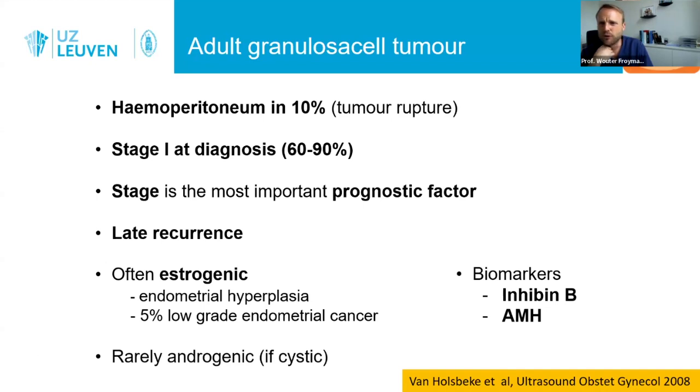As you know, granulosa cell tumors can secrete estradiol. So they are estrogenic, and they will cause endometrial hyperplasia, and in the minority of the cases, even atypia and endometrial cancer. So there's a correlation between granulosa cell tumors and endometrial hyperplasia and endometrial cancer. The biomarkers for this tumor are typically AMH and inhibin.